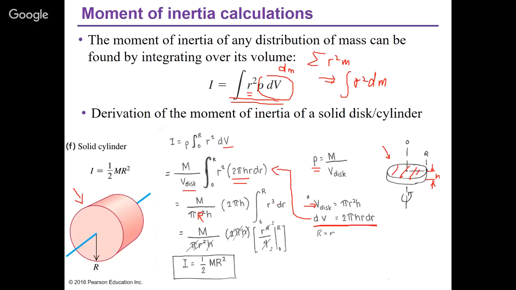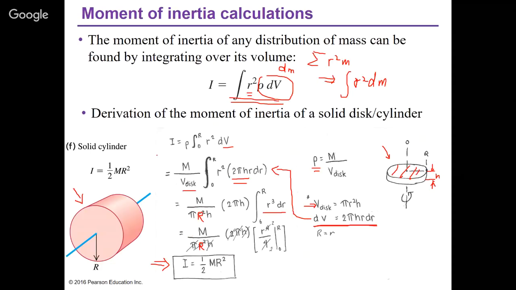And then we basically have r to the third dr, and then the integration of this will be 1/4 of r to the fourth, 0 to r, okay? And here this is r square, and then basically it gives the moment of inertia is half of the total mass of the cylinder times the outer radius raised to the second power.